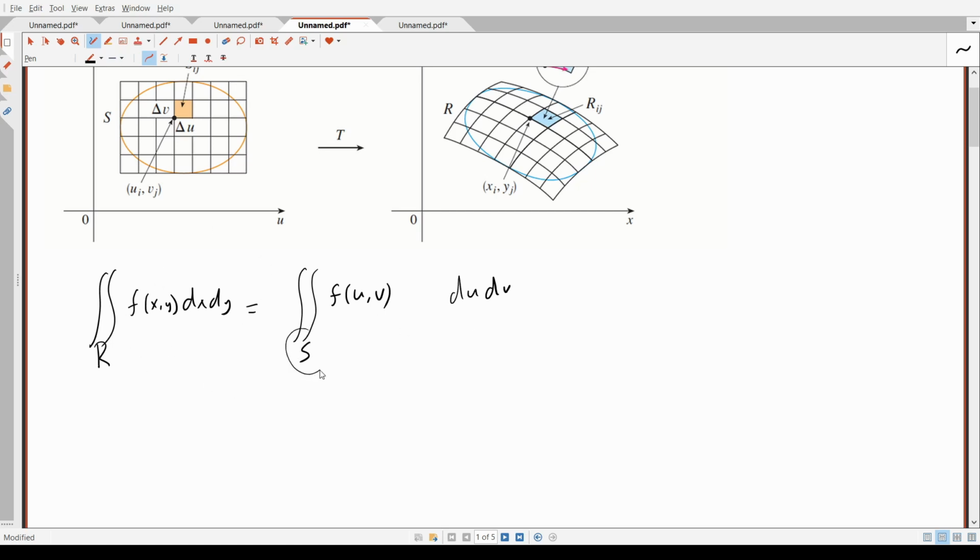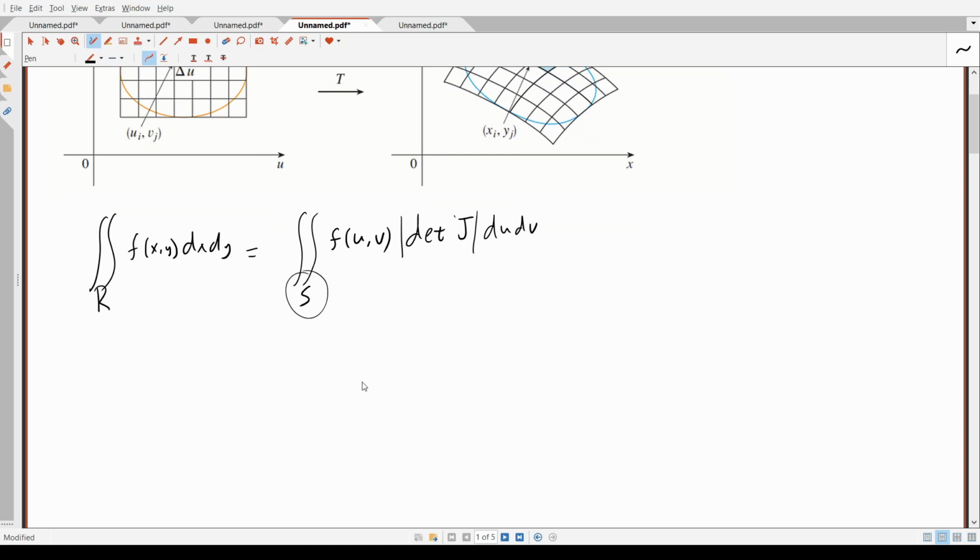Well, for one, the boundaries are obviously going to change. Here it's not a square, here it is a square. But also, I need to add something. This can be the determinant of the Jacobian. Okay, I'll explain what each of these are in just a second. But think of it this way, why do we have to add something?